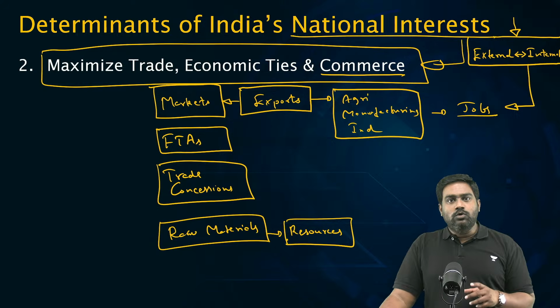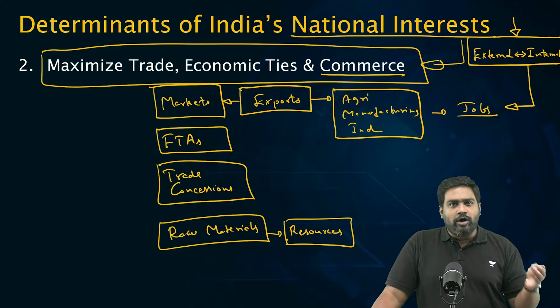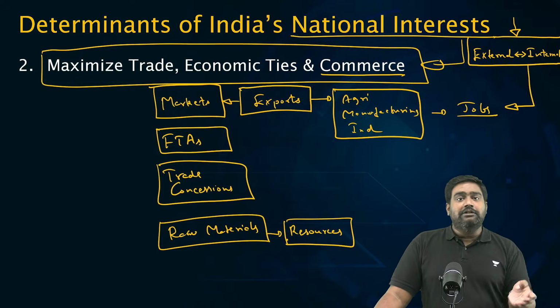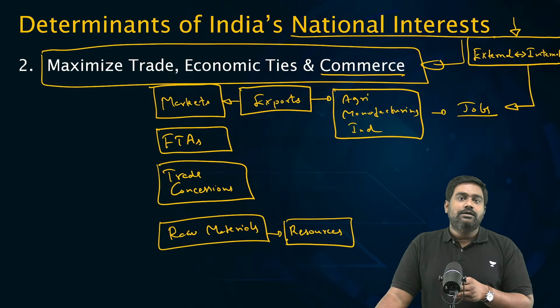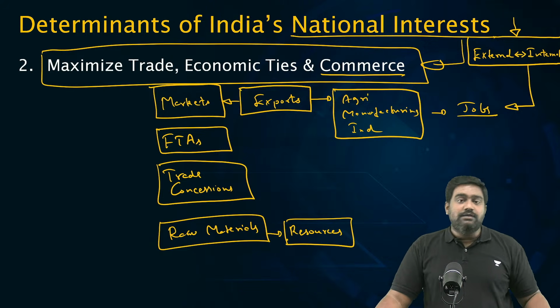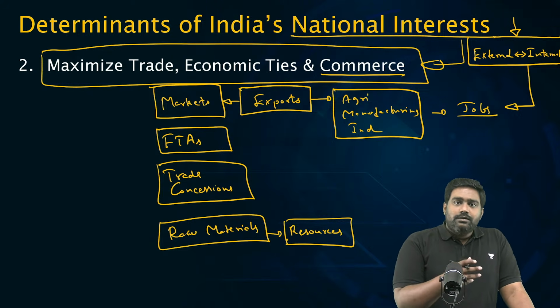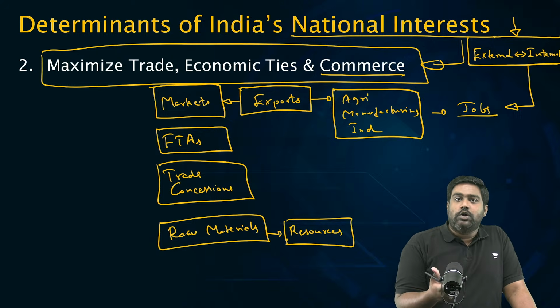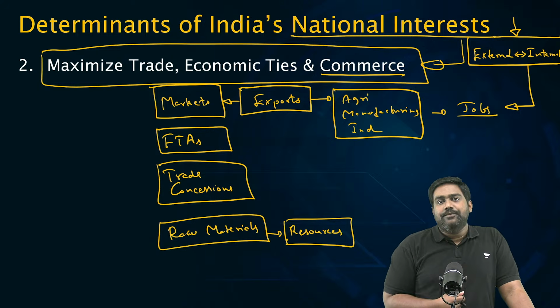So, this not only includes energy supplies like oil, gas, etc., it will include essential minerals, critical strategic minerals, rare earth elements, and other components or intermediary products which are needed for our industry.